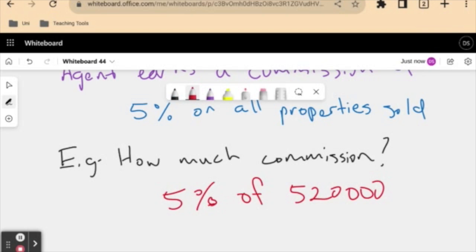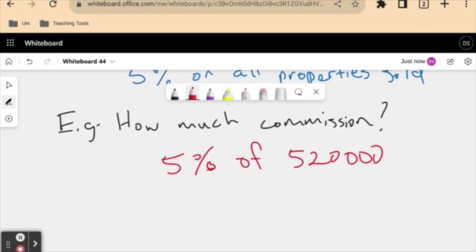Now, we have the tools here to find exactly how much this was sold for. We can do the unitary method here. We can just take the fraction of this quantity.